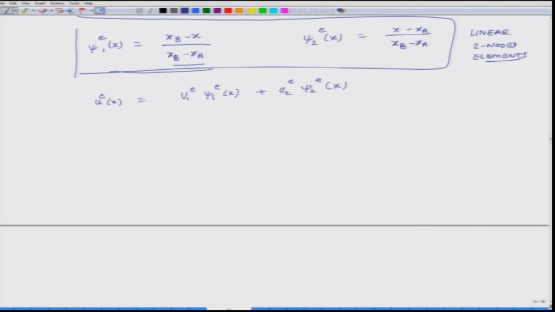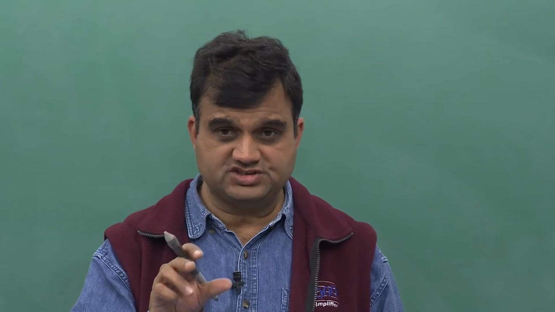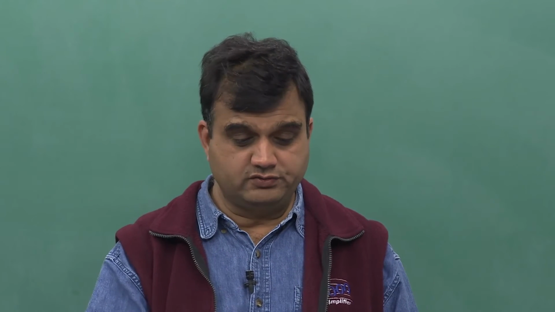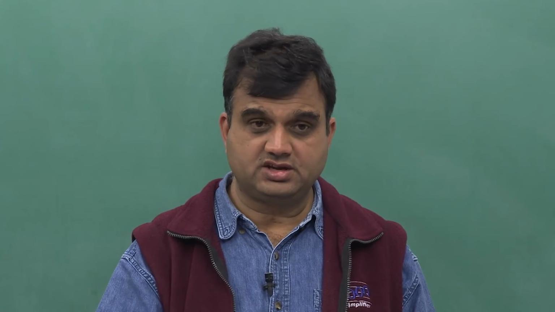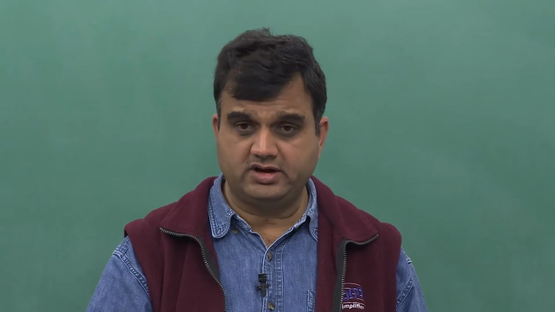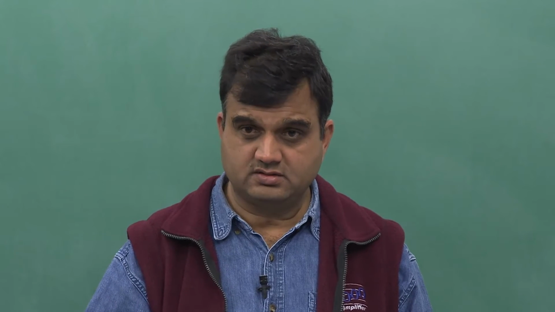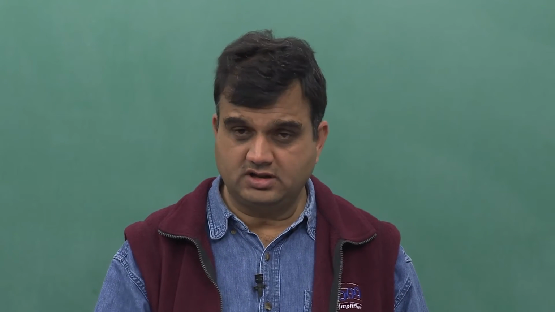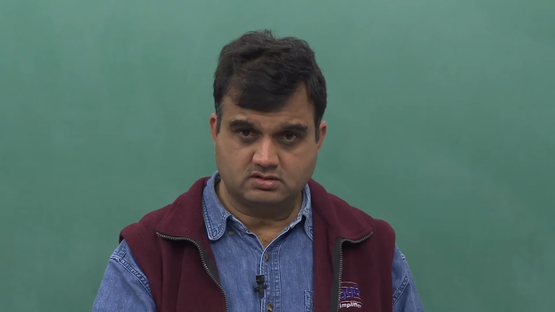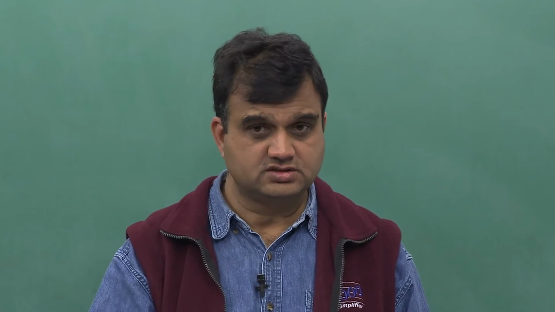If it is a quadratic function, then our element has 3 points, so we will need psi 1, psi 2, psi 3, but using a similar development process, we can calculate those functions as well. If it is a cubic element, then we will have 4 such functions, but the process is the same. So, that is one thing.